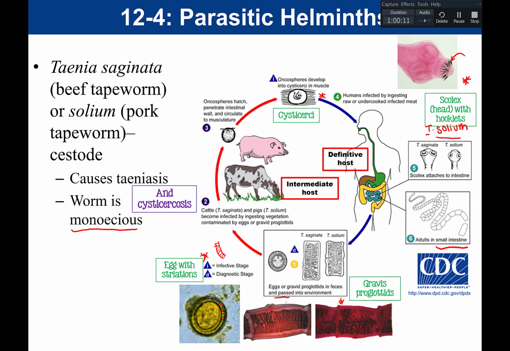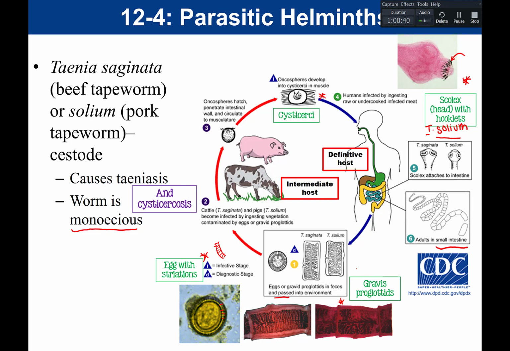So when somebody defecates, they're going to release eggs or the gravid proglottids, which contain the eggs. Now, when the eggs come out, they can survive for days to months in the environment, in the soil or on the grass.